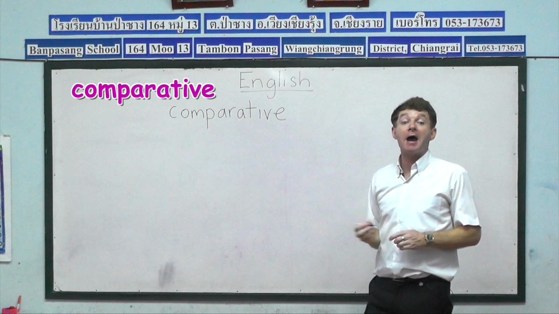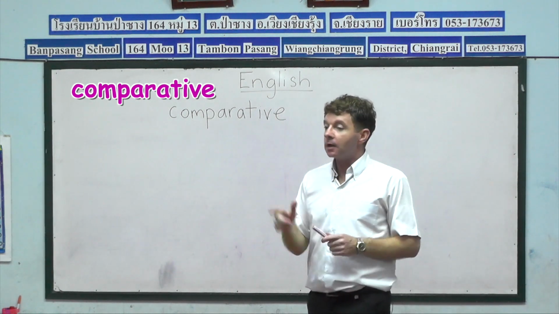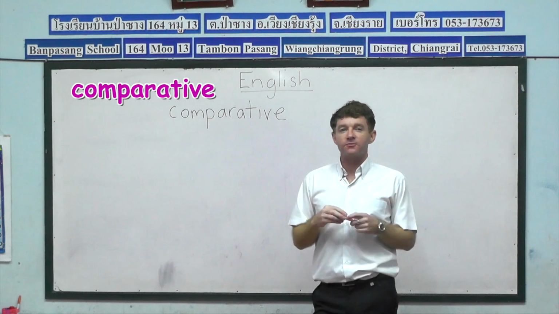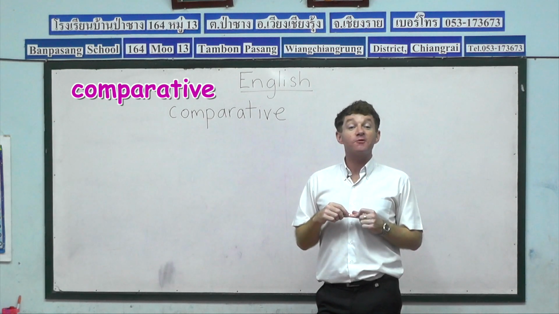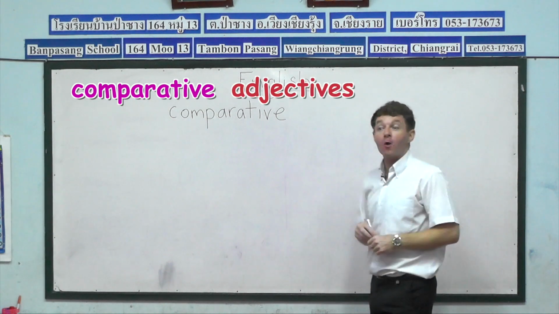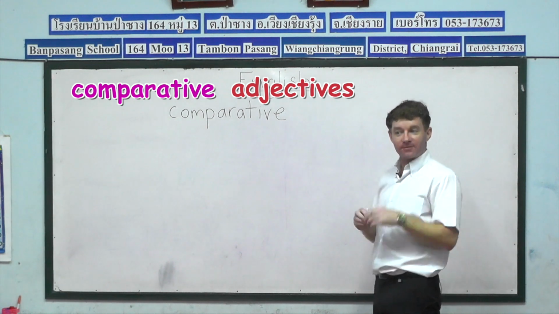R-A-T-I-V-E. Comparative. And the types of words that we use with comparatives begins with A, describing words. Anybody remember from the last? Adjectives. Excellent. Comparative adjectives.